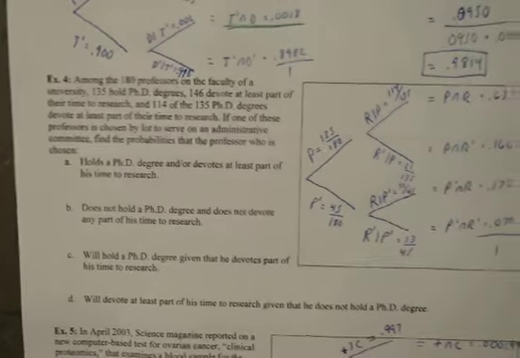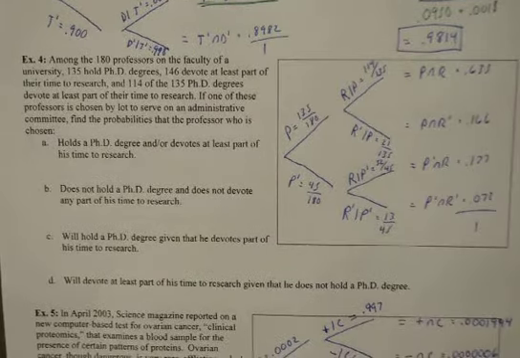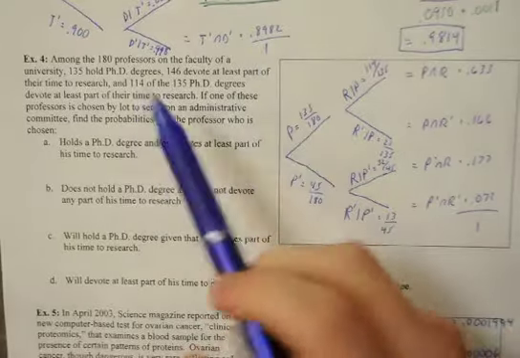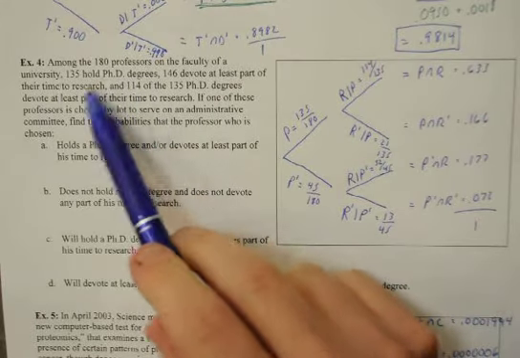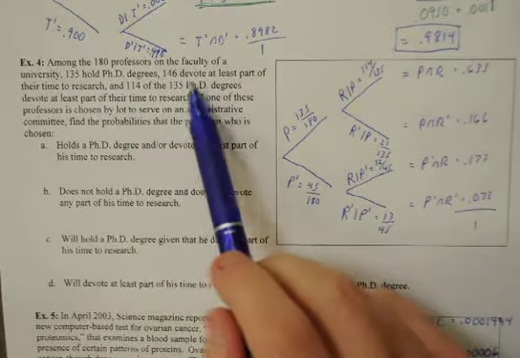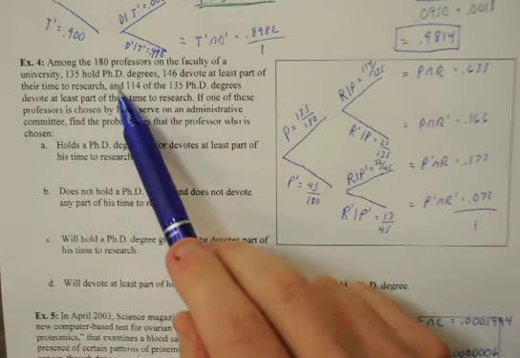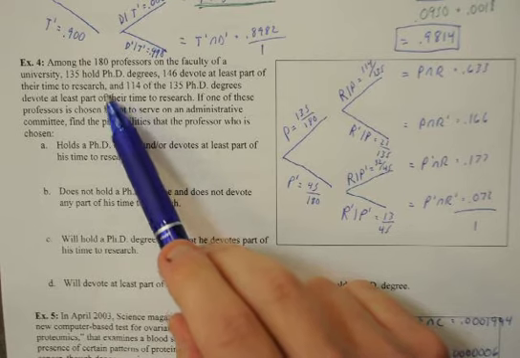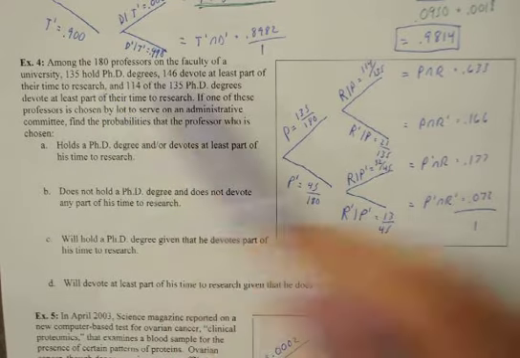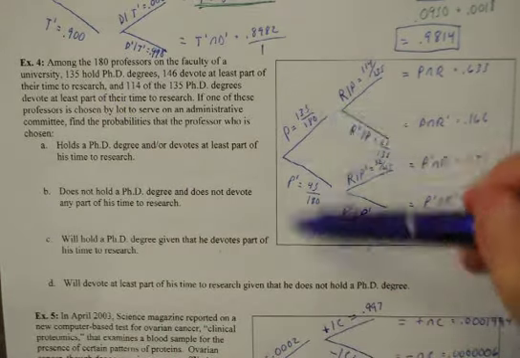Alright, example 4. So pause, do it yourself, see what you come up with. Among 180 professors, 135 hold PhDs, 146 devote at least part of their time to research. So here are the professors.